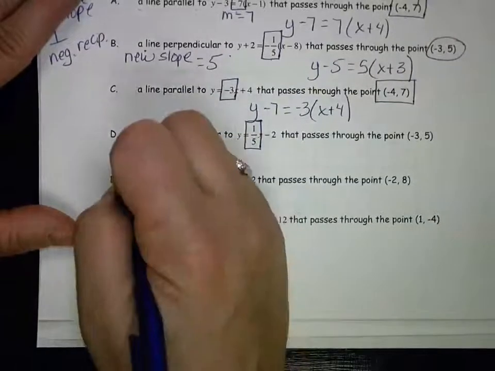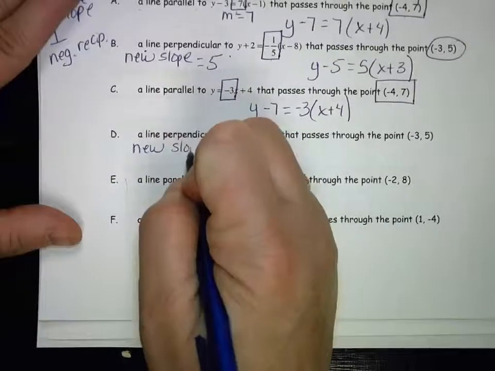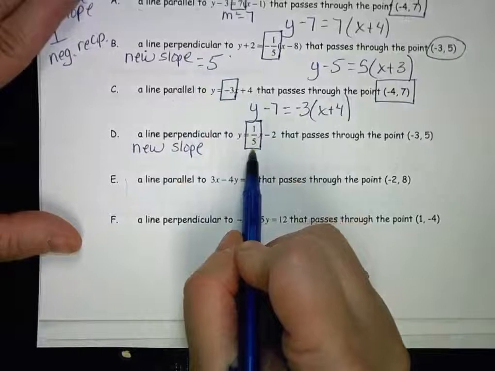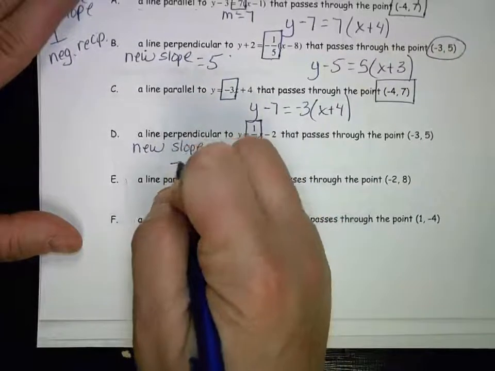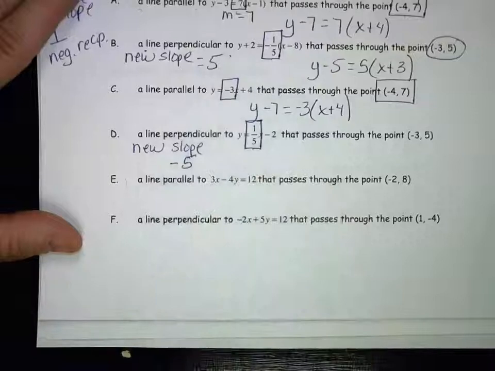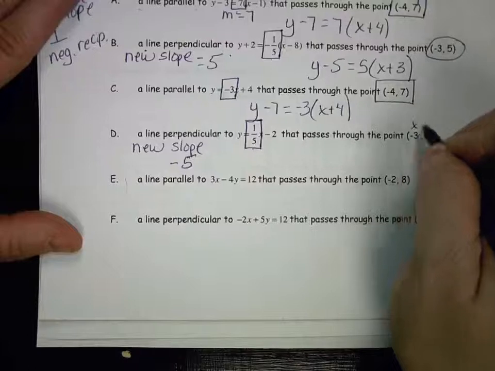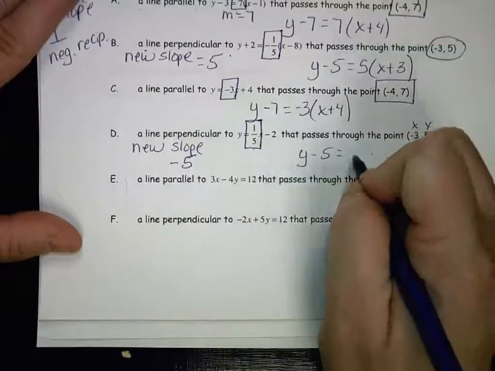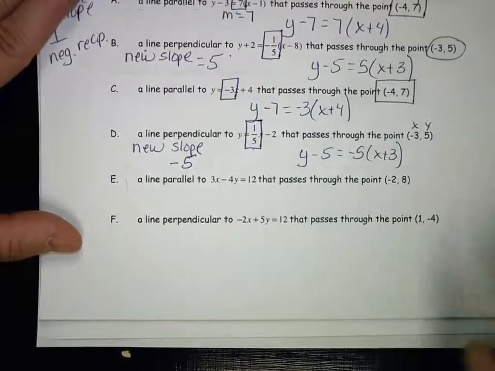We don't want that slope though. We need to figure out our new slope. If this is the old slope, 1/5, our new slope will be the negative reciprocal. So our new slope will be negative 5. And then we use this point. Y minus 5 equals negative 5 times x plus 3.